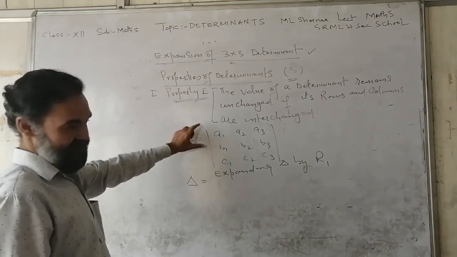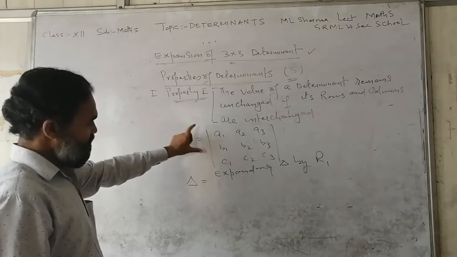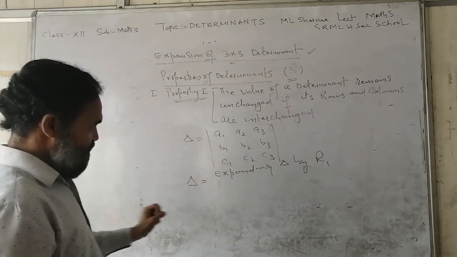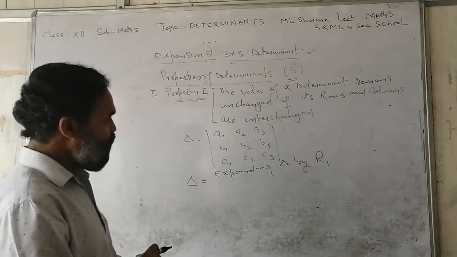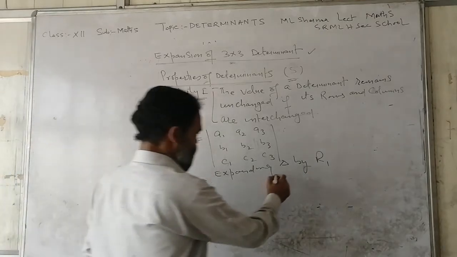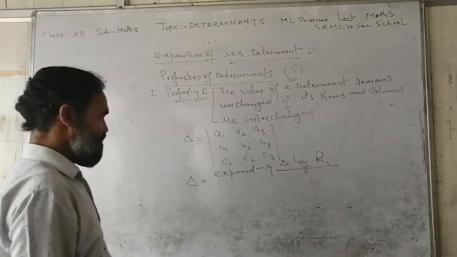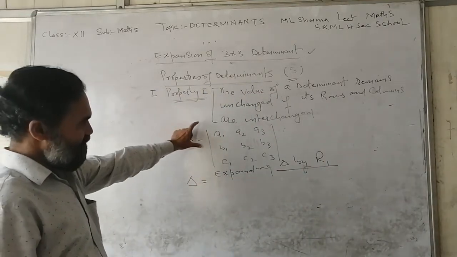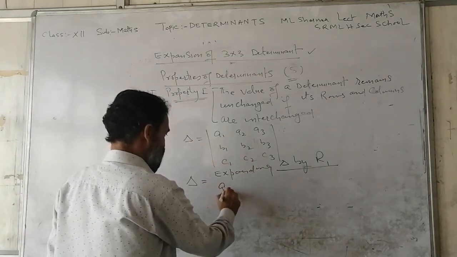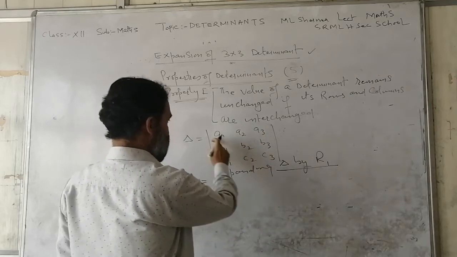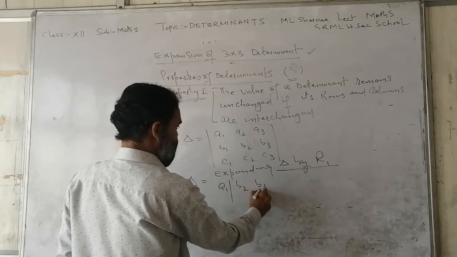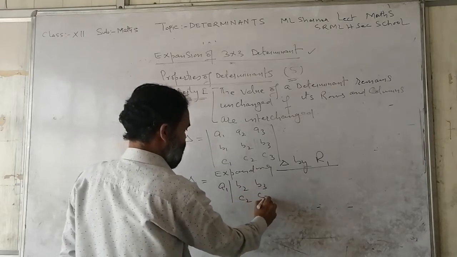Mostly there are 6 methods available to expand a 3 by 3 determinant, but in most cases it is convenient to expand by R1, that is the first row. So by making use of the first row, let us expand this. This determinant will be A1, then this row and this column are to be deleted, so I will be left with B2, B3, C2, C3.